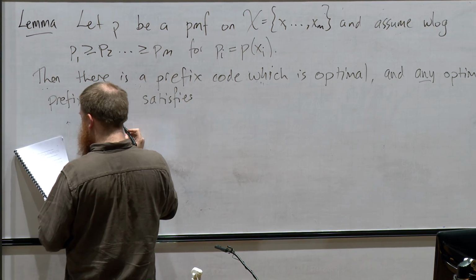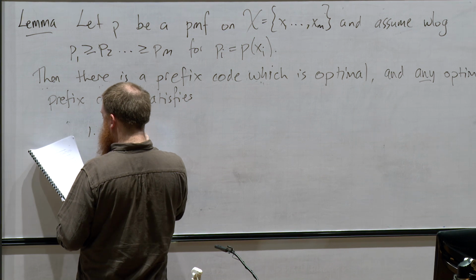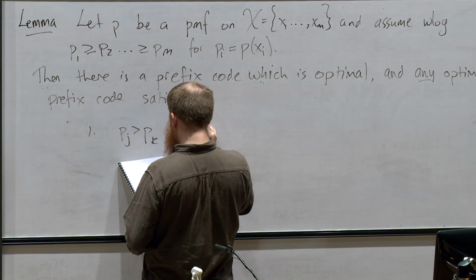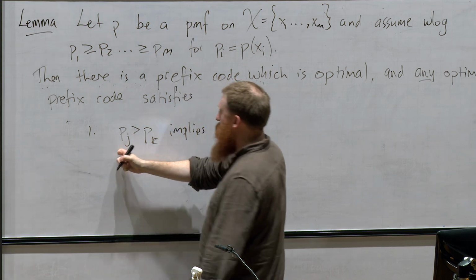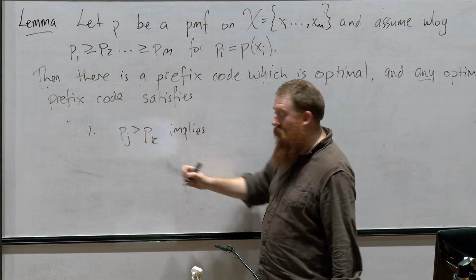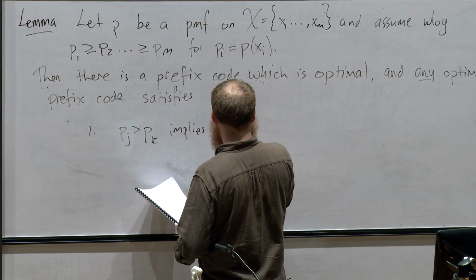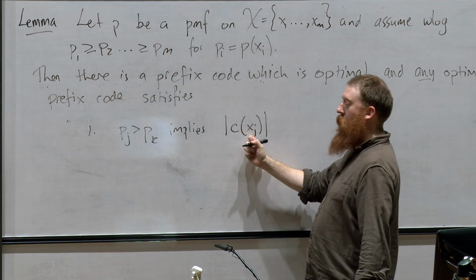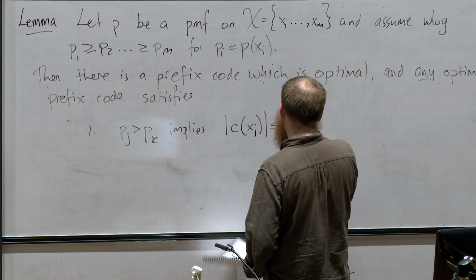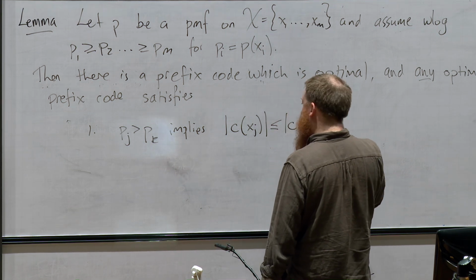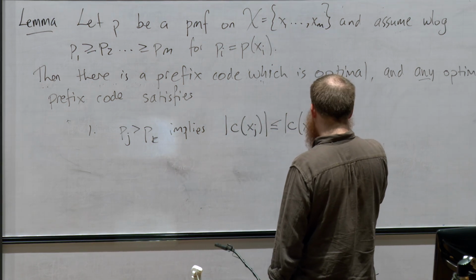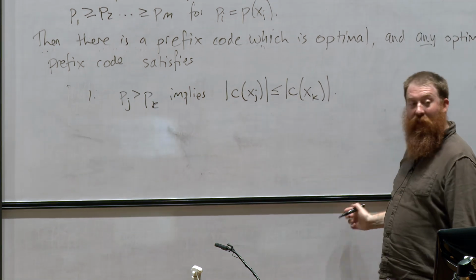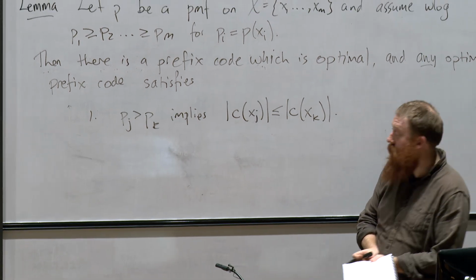One, Pj greater than Pk implies, so if the probability of j is greater than the probability of k, then the length of the code word associated with xj has to be less than or equal to the length of the code word associated with xk. So if you've got something that's more likely, it can never have a longer code word.